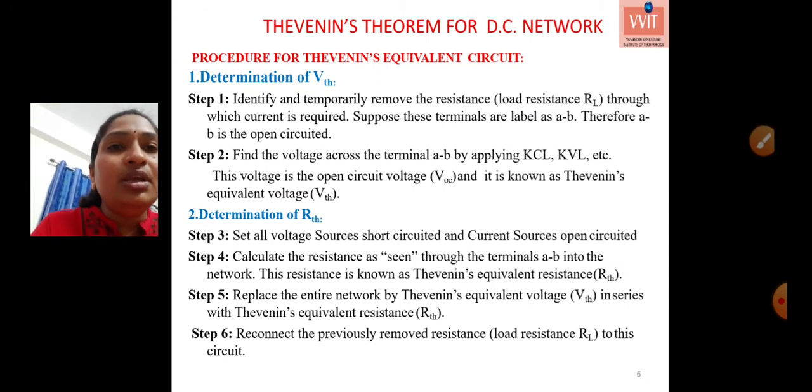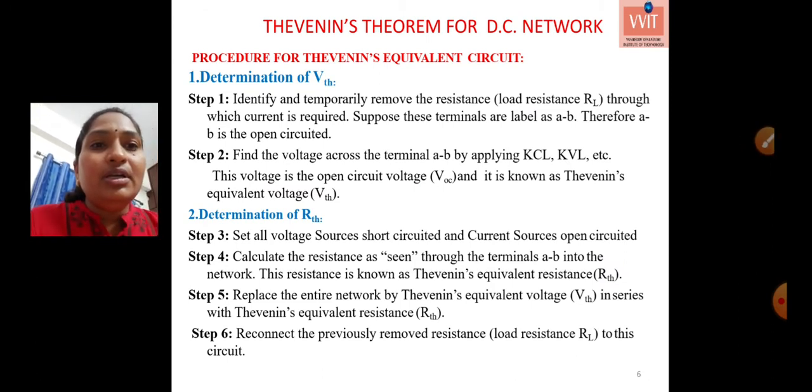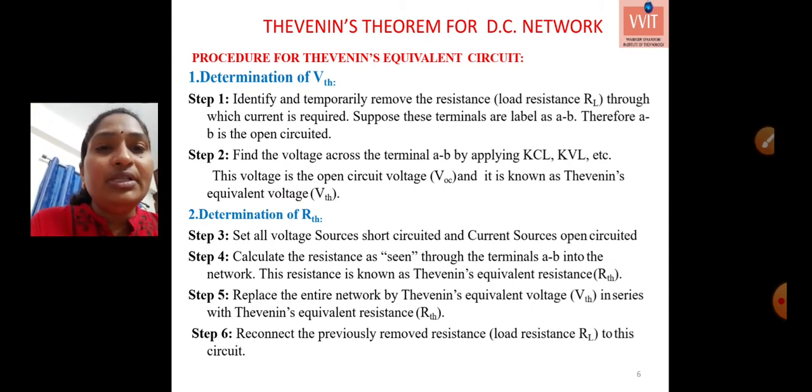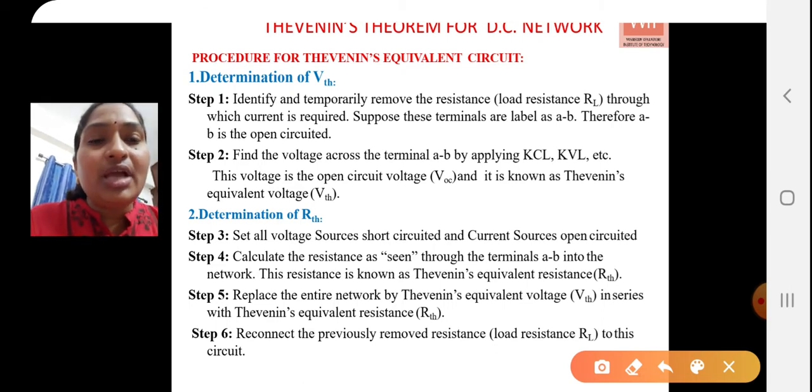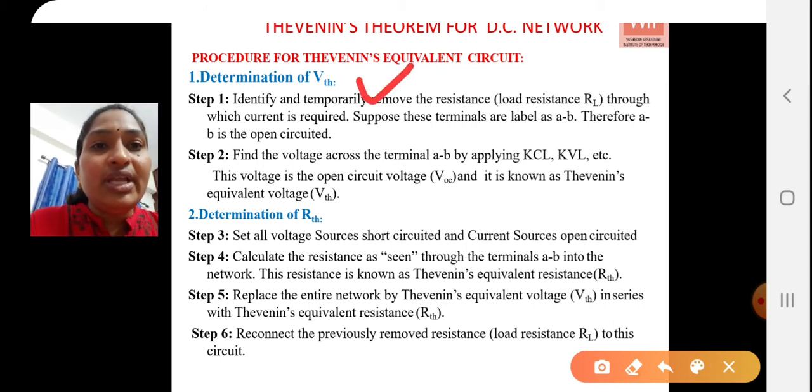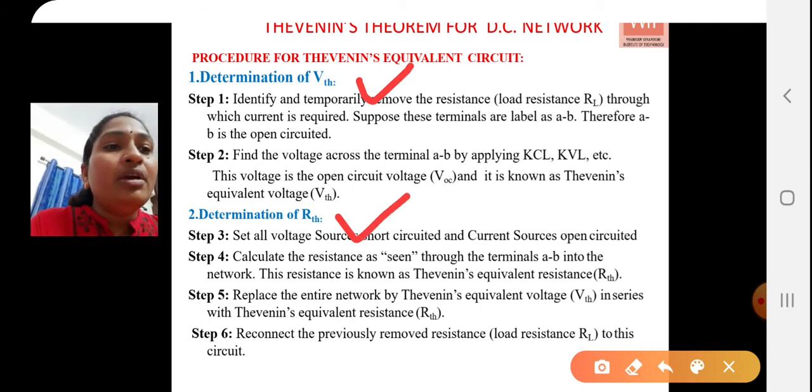Now let us see the procedure for finding the Thevenin's equivalent circuit of any given complex network, which involves two major steps. One is, as seen in the equivalent network, determination of Thevenin's voltage, and the next one is determination of Thevenin's resistance.